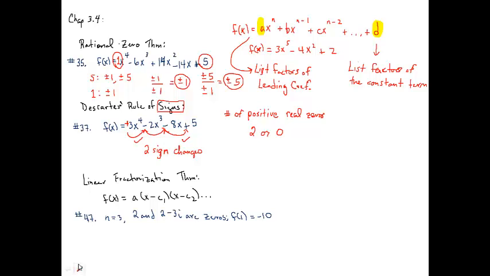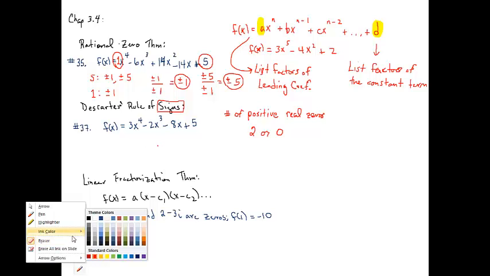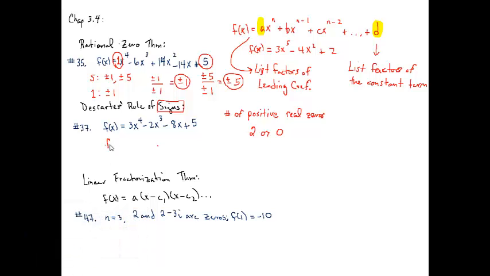Now how about the negatives? The negatives, well, first of all, you got to change this around. Do some erasing. Okay, to find the negative real roots using Descartes' rule of sign, you need to do f of negative x.